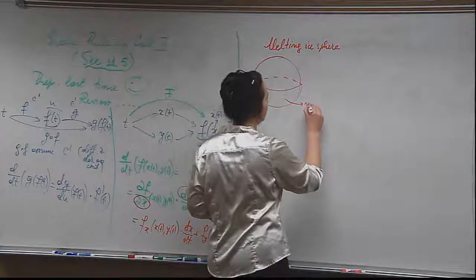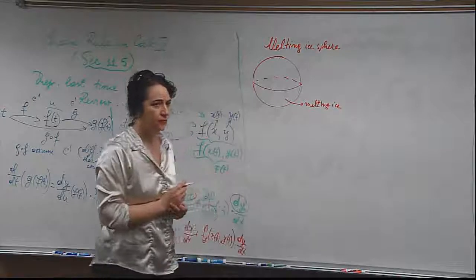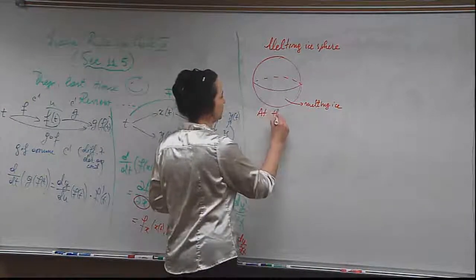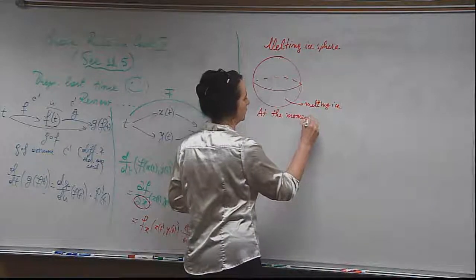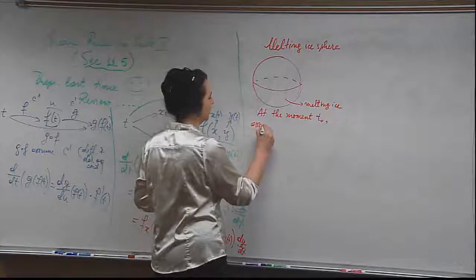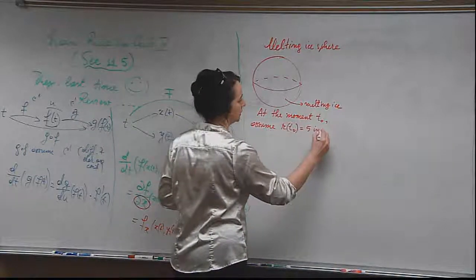It's melting ice. And if you remember, it says at the moment t0, assume the radius was 5 inches.